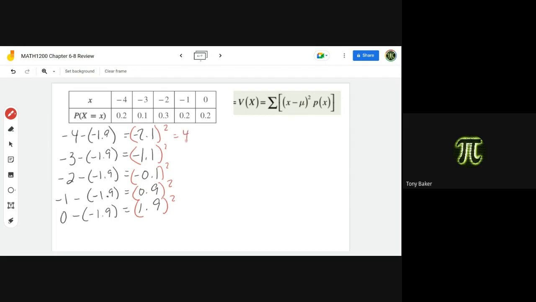So 4.41, 1.21. Lots of positives over there. Yes, because they're bigger than the mean, so you would expect them to be positive. The nice thing is when you square them, the sign doesn't really make a difference, because a positive times a positive is a positive, and a negative times a negative is a positive.